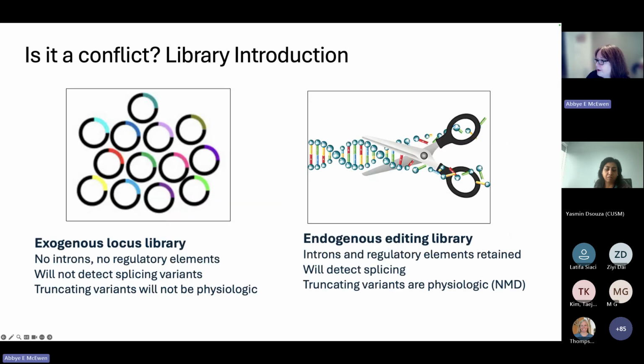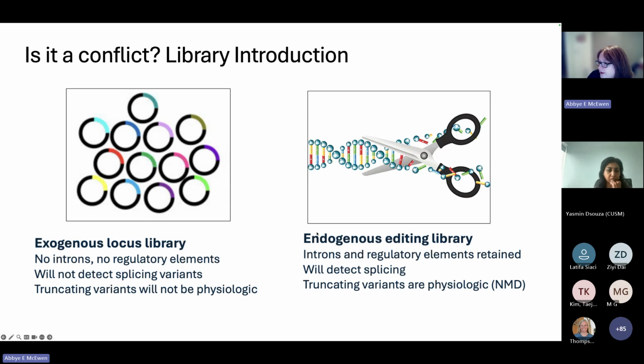The other thing I like to think about when resolving conflicts is how did the investigators actually get that library into the cells? There are two major paradigms that people use when they're putting variants into cells. One is to put variants on a piece of exogenous cDNA, like a plasmid. And here, this is just the coding sequence, so there are no introns or any other regulatory elements. The other way people introduce variants into cells is to use endogenous genome editing.